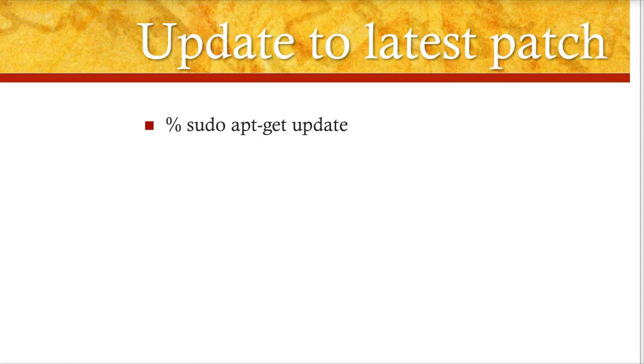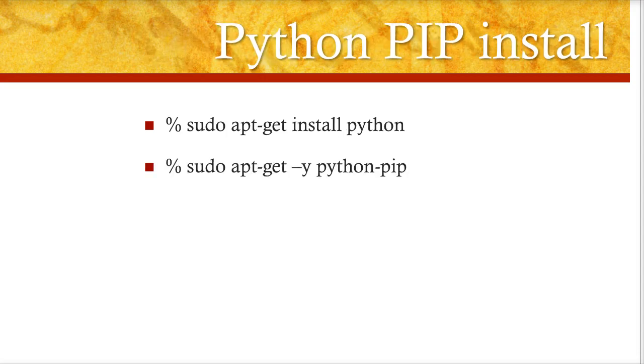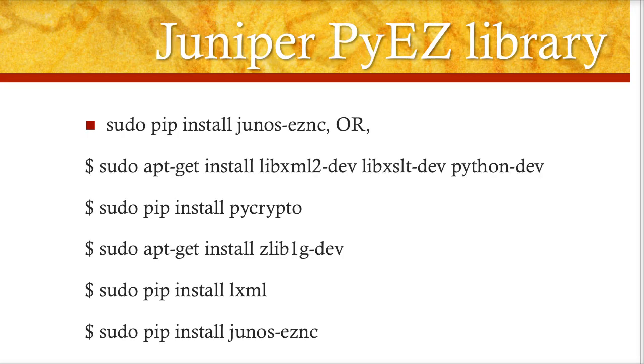So here are the steps. Just take a look first. Update the software, install Python and pip. Now, if you have already installed the PyEZ library, that would be great.